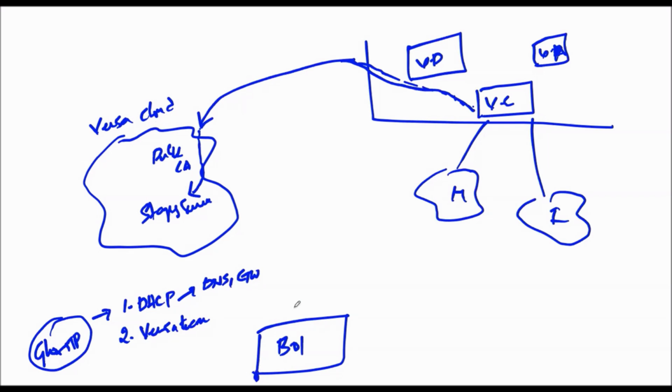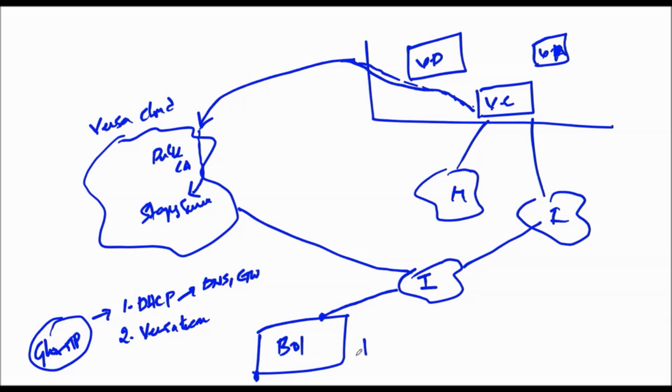Now what is going to happen? I am plugging in one of the branches on the internet WAN circuit. We don't need to do anything related to the branch. The admin will just plug in the internet cable on this branch.